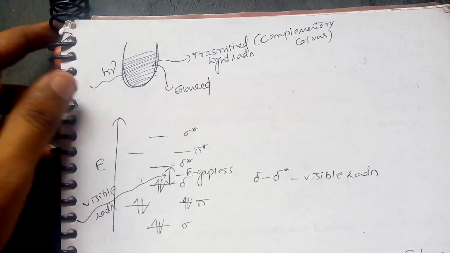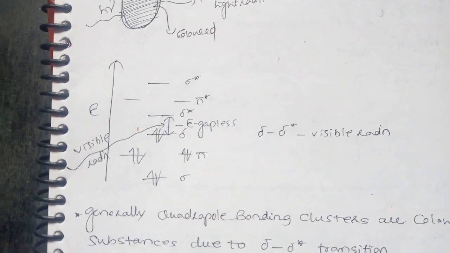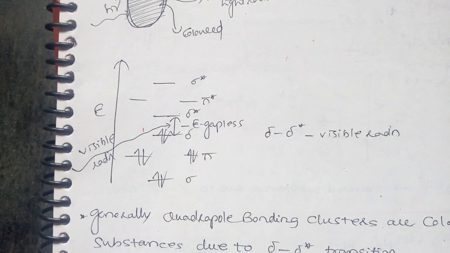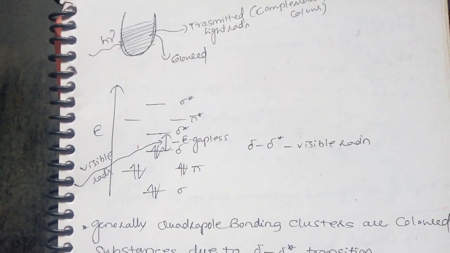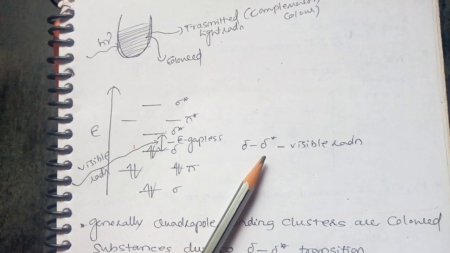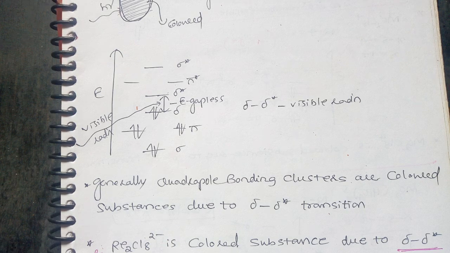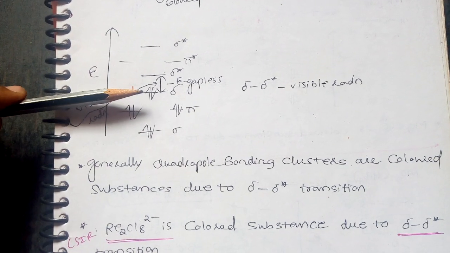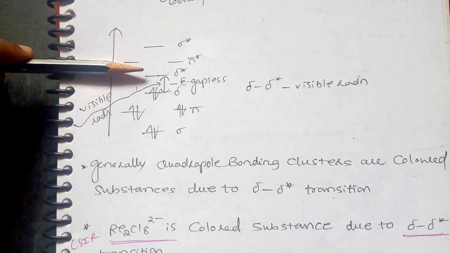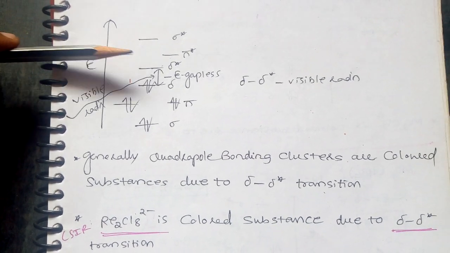One important point is about the color of these metal clusters. If it shows delta to delta star transition, that is visible radiation, then that compound is a colored compound. And if delta to delta star transition is not there, then that complex is colorless.